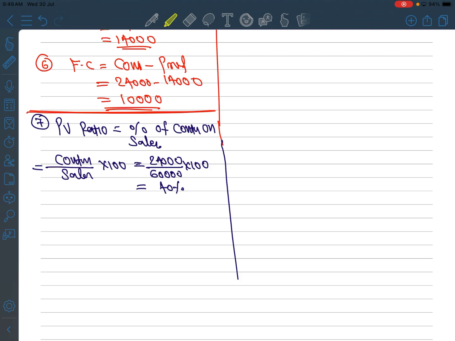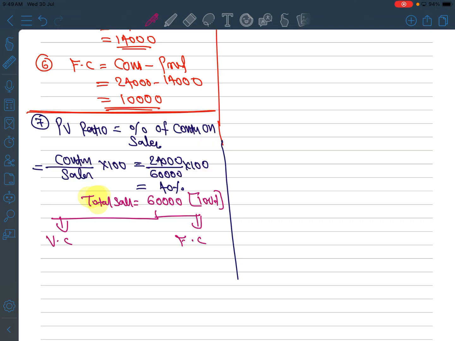Then we can draw here total sales is equal to 60,000, assumed as 100%. Branched into two. First branch is variable cost, then fixed cost.